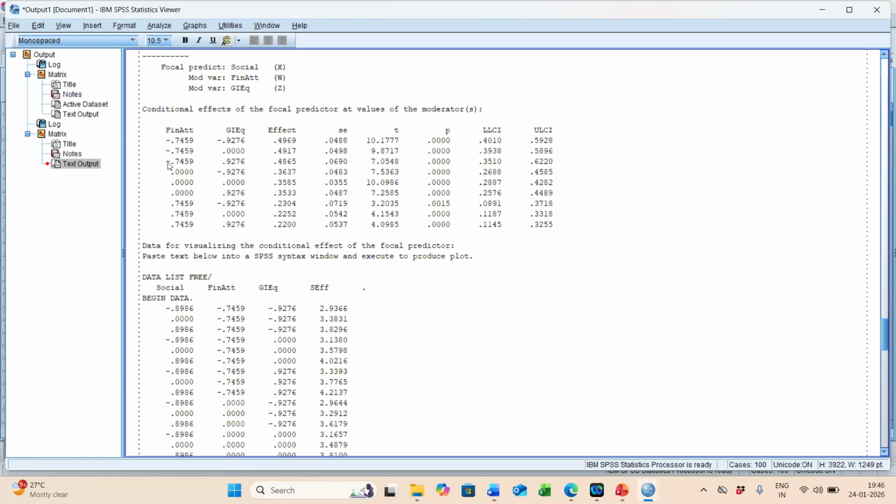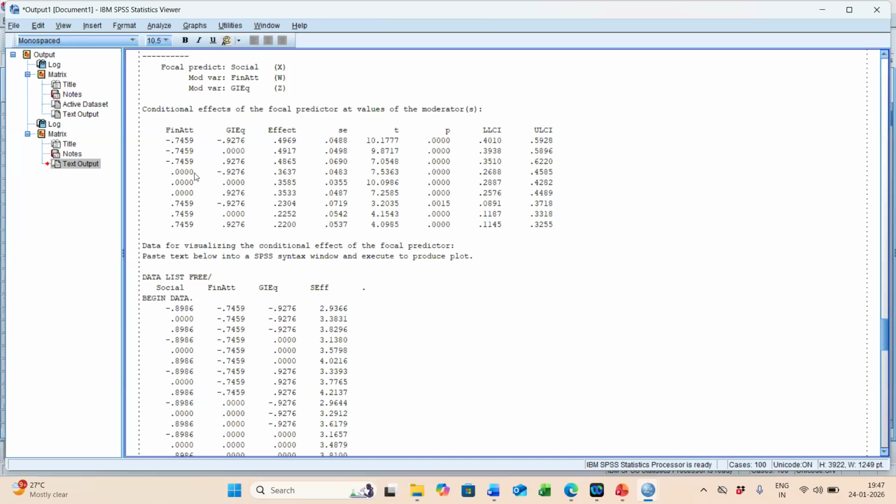And the highest level is taken as x bar plus 1 standard deviation. So first of all, we can see the least level of financial attitude. It is compared with the least level of gender equality. The effect is 0.4969. At the least level of financial attitude and the mean level of gender equality, the effect is reduced to 0.4917. And at the least level of financial attitude and the highest level of gender equality, again, the effect is reduced to 0.4865.